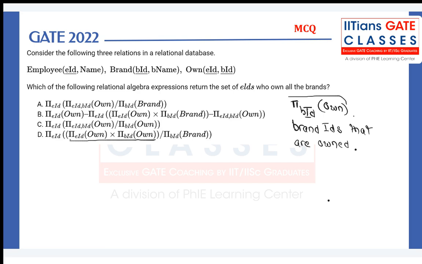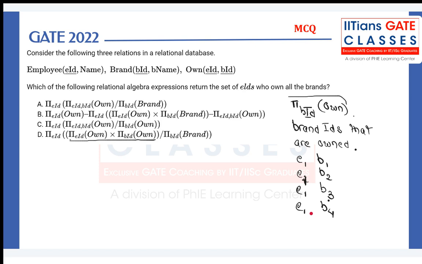So if I have a list of all the brand IDs that are owned, and I somehow try to get the employee IDs who are owning all these brands, how will I get that? Which operation will help me to get that? Very good. Now can you answer? Isn't option C absolutely perfect?